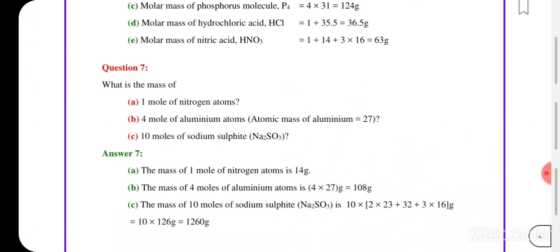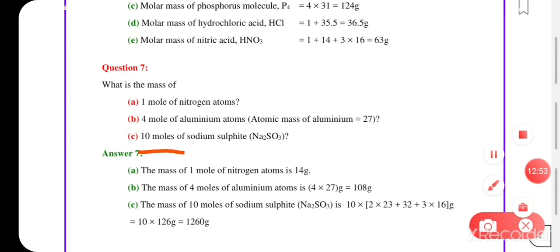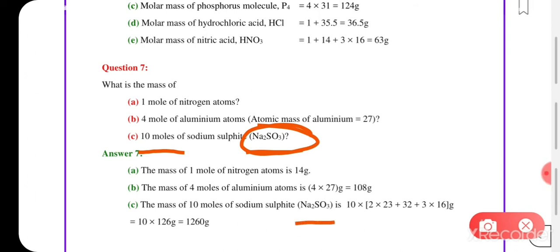Then the next one is 10 moles of sodium sulfite. Now what you have to do? First you will find the molar mass, the molecular mass for sodium sulfite, Na2SO3, which will be what? Na is the symbol for sodium. So for sodium, how many atoms are present? 2 atoms are present. So 2 multiplied by atomic mass of sodium.